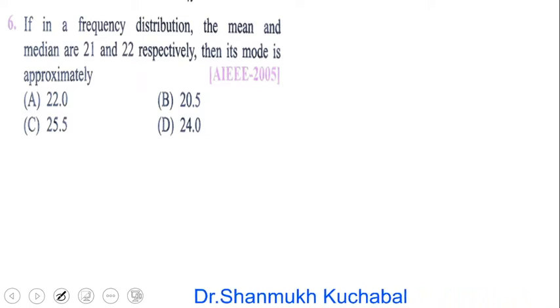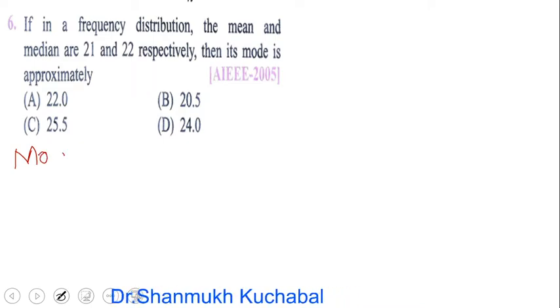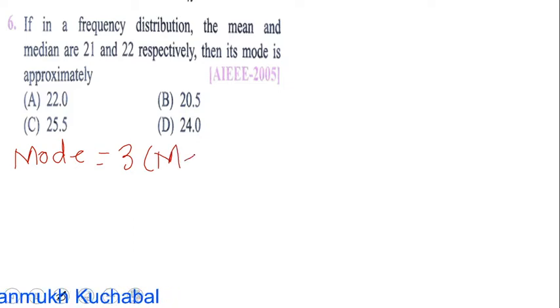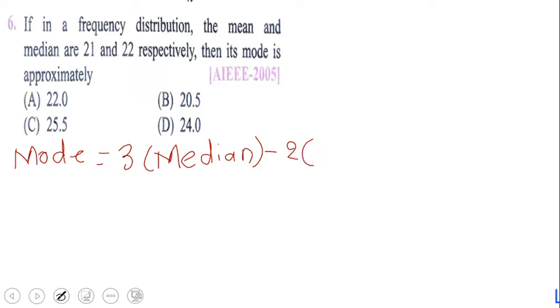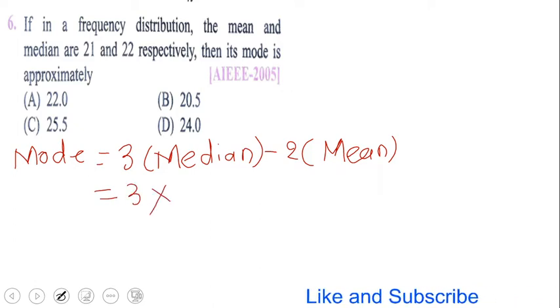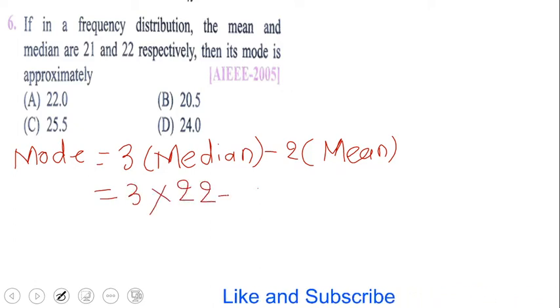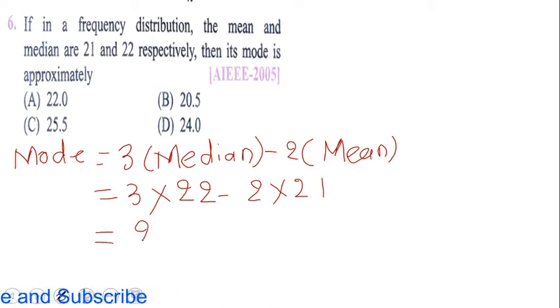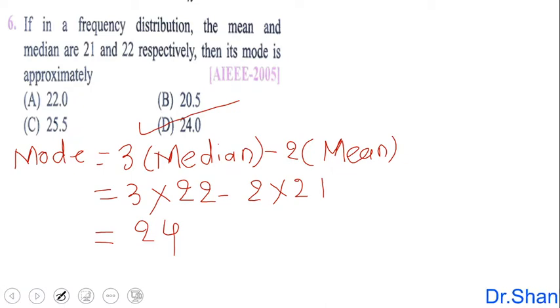So the corresponding formula is mode is equal to 3 times median minus 2 times mean. Median in this example is 22, minus 2 into mean, which is 21. Simplifying this, we get the answer as 24. Therefore clearly option D is the right answer.